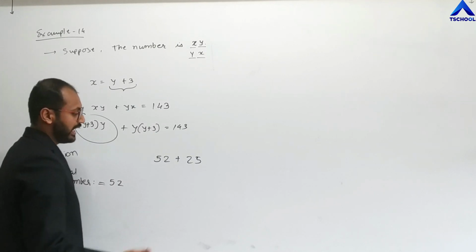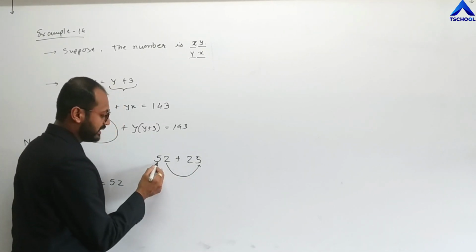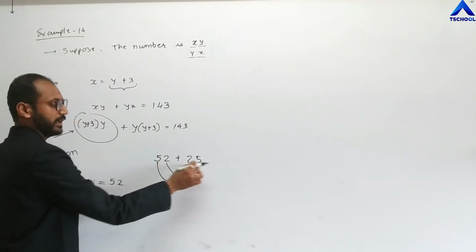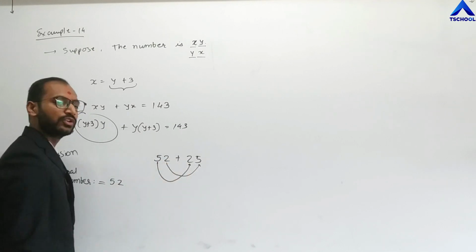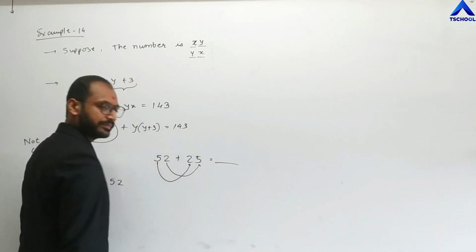That means we should add the unit digit with the unit digit and the tens digit with the tens digit. That means we should add 2 plus 5 and 5 plus 2. Clear? We get a certain number.